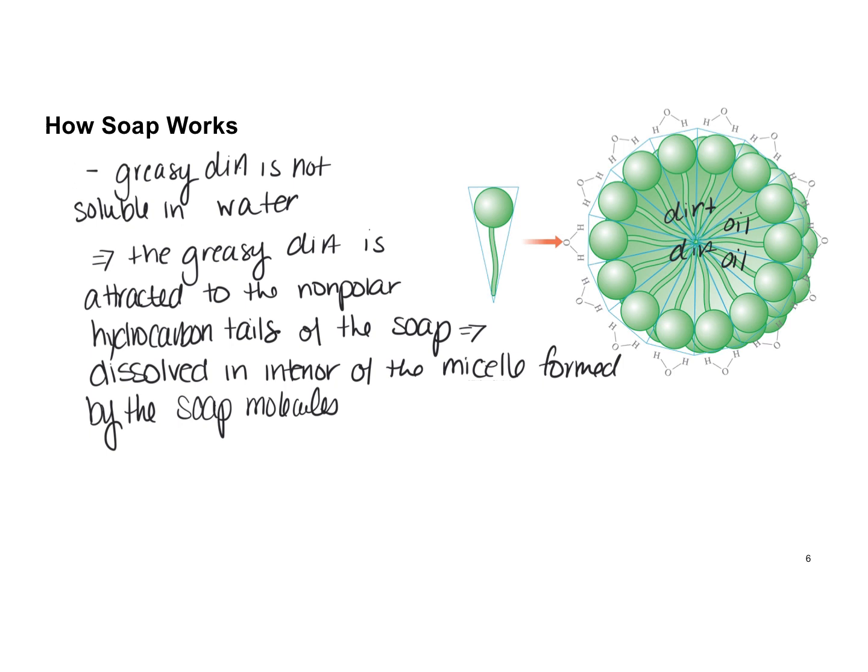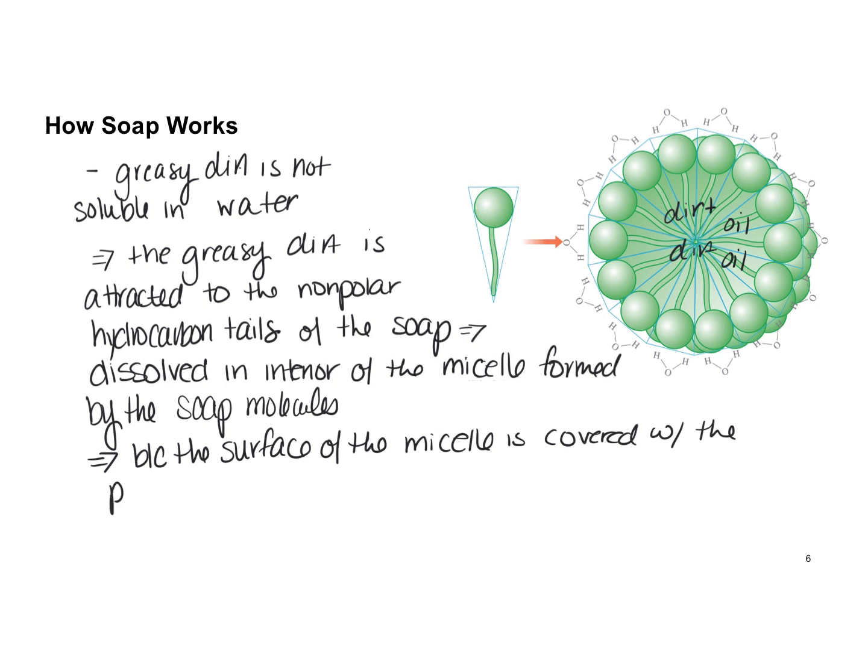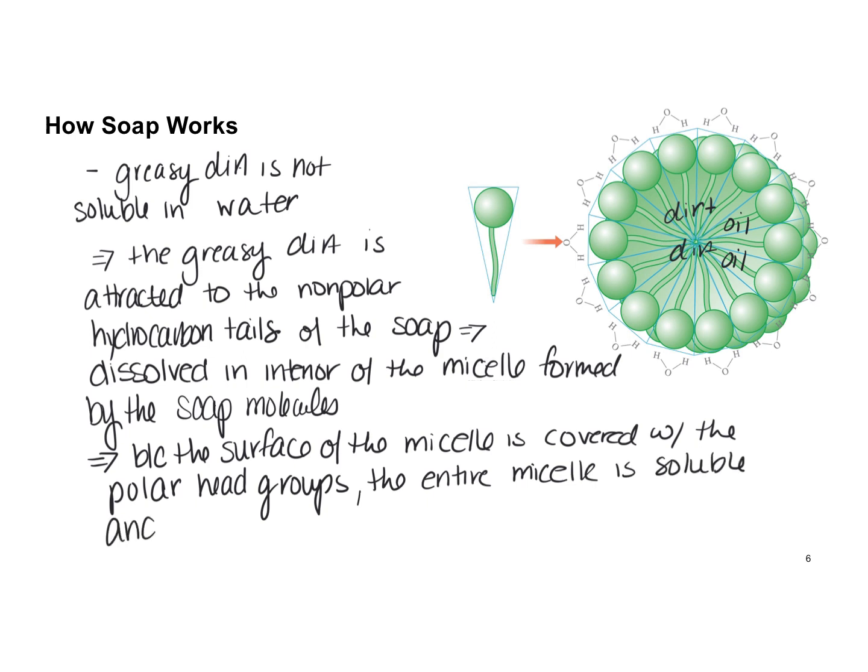Because that surface of the micelle is covered with polar head groups, the entire micelle is soluble in water and is washed down the drain. And so that's what removes the dirt.